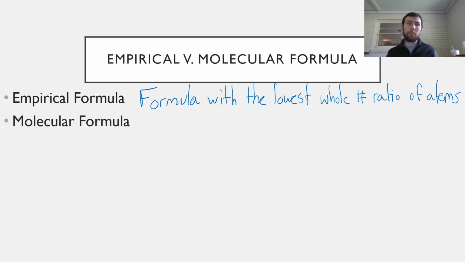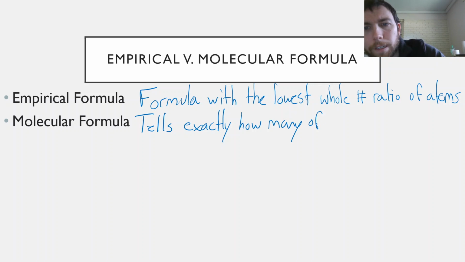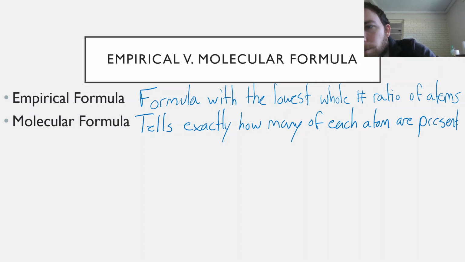Next, you have your molecular formula. Your molecular formula is going to be different from your empirical formula because it's going to tell you exactly how many atoms of each element are present in your compound. So it won't necessarily be the lowest whole number ratio. So your molecular formula tells exactly how many of each atom are present, right?